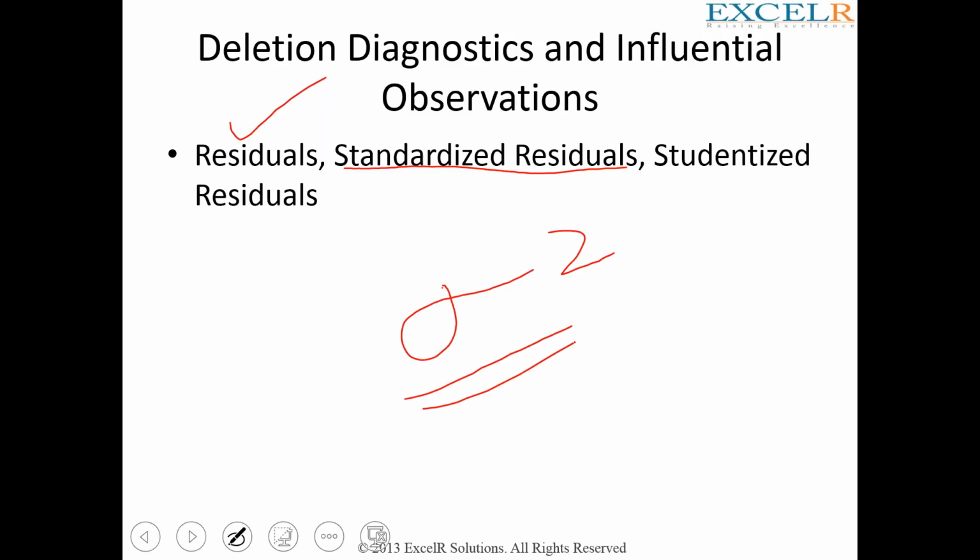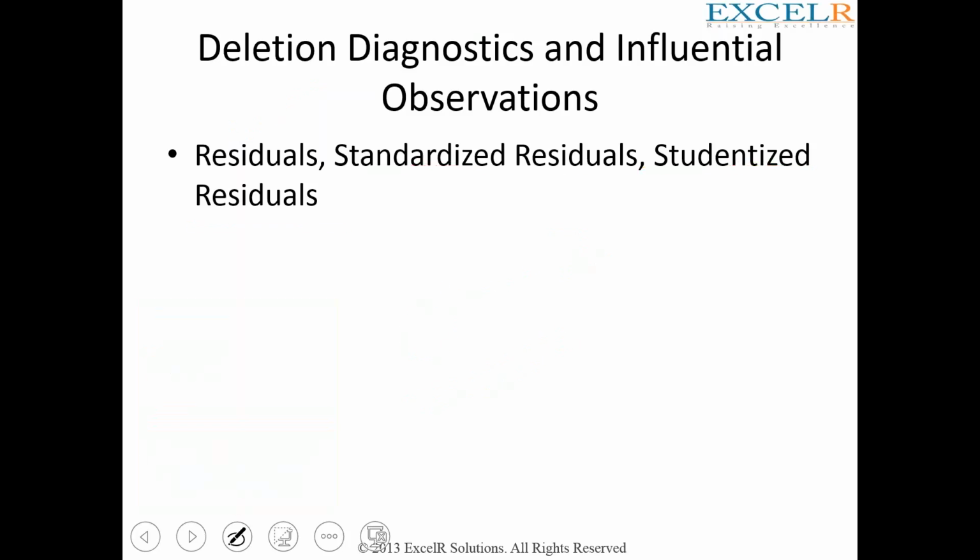Hence, there is another variant of this residual called the studentized residual. And this studentized residual is once again the raw residual divided by your standard deviation, but this time the standard deviation would be the estimated standard deviation. That's it.